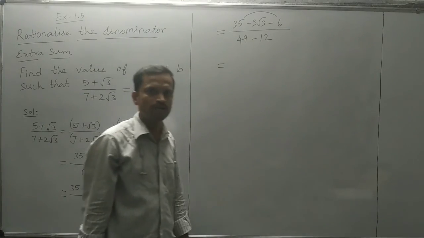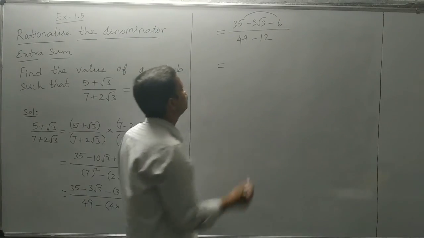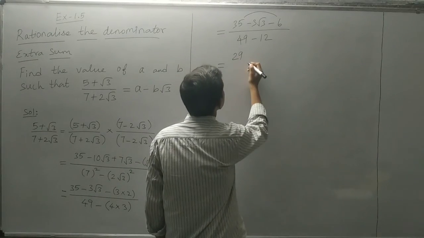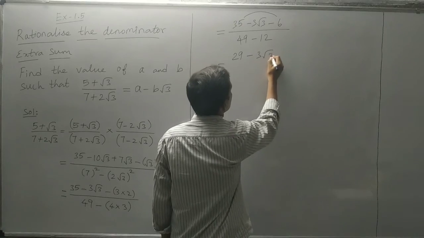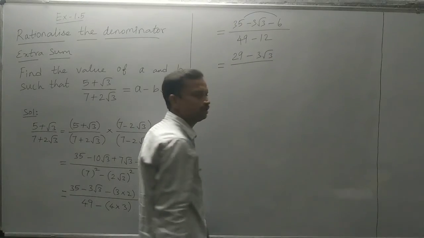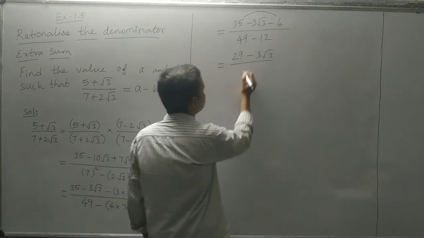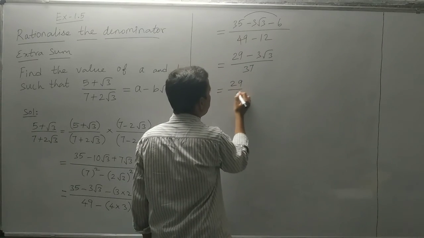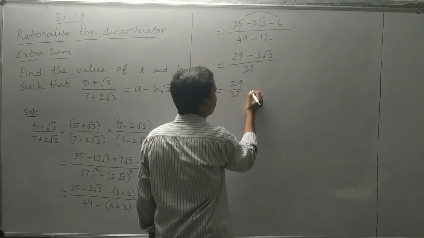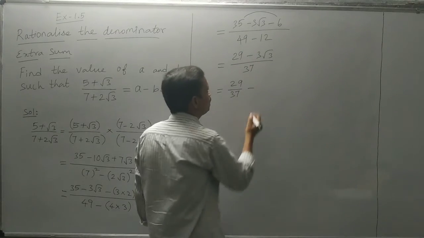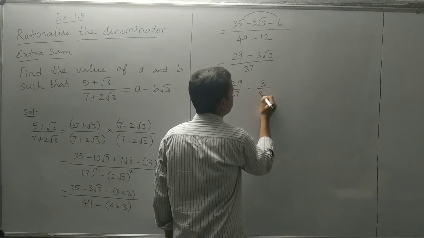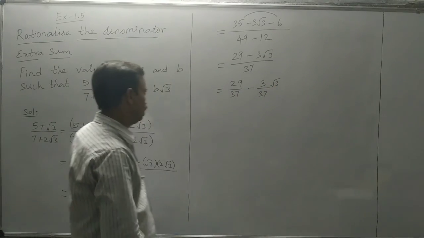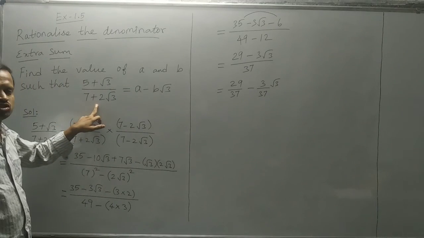What is that? 29. So 29, and then minus 3 root 3 by, what is 49 minus 12? 37. And this we can write as 29 by 37 and then minus, 3 by 37 root 3. Is it clear?